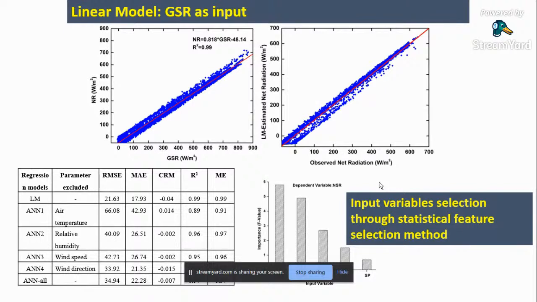We don't have that much data availability of incoming global solar radiation, GSR, compared to air temperature and all basic weather parameters. So though this linear model gives accurate results, GSR data availability over India is very limited. So we have to depend on these ANN models because of this.